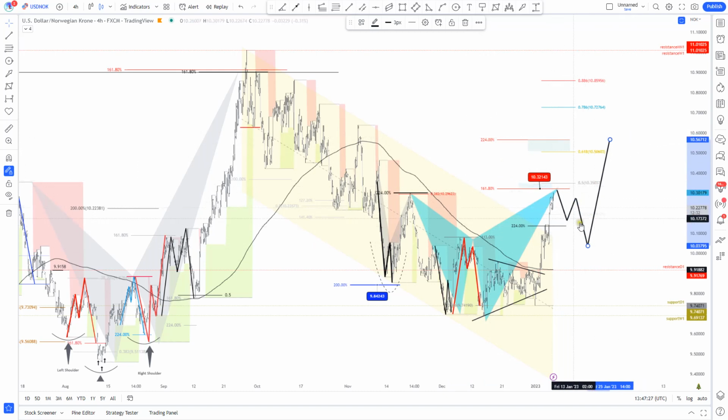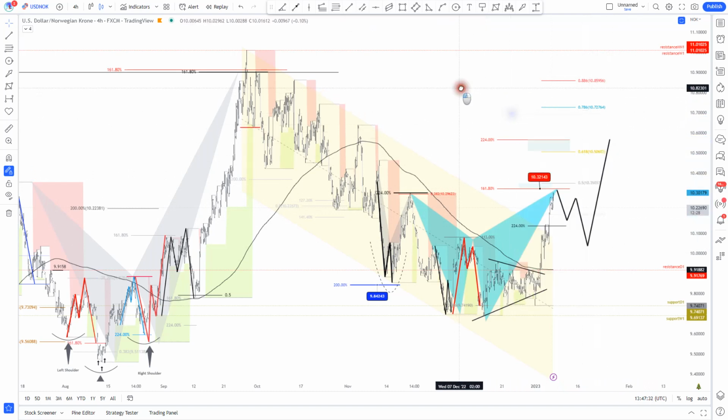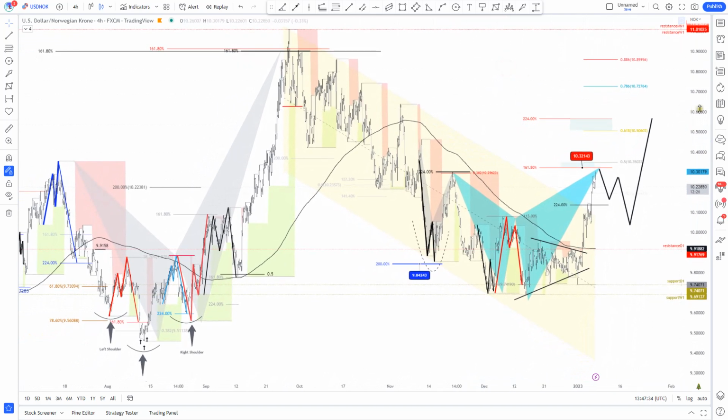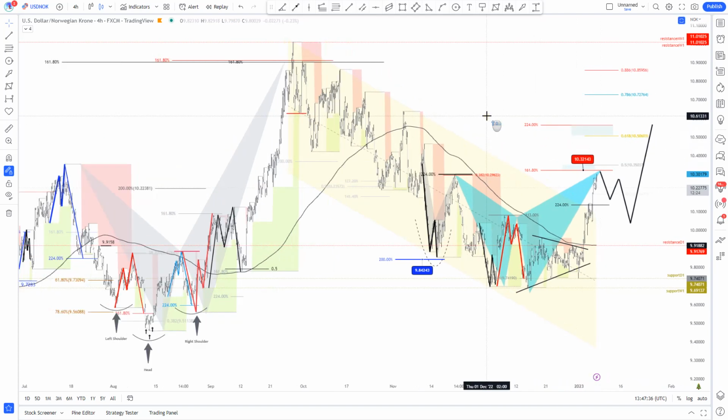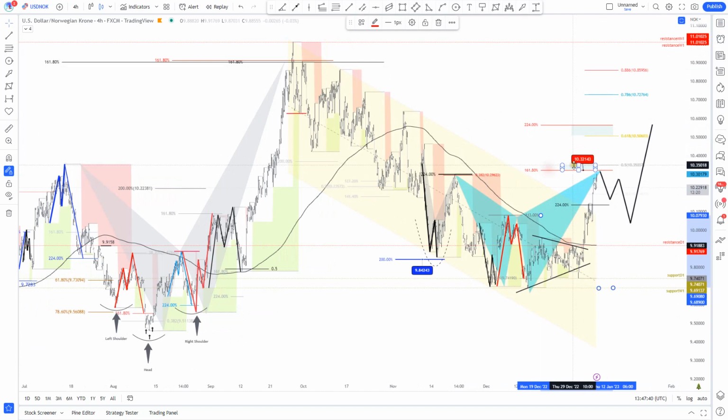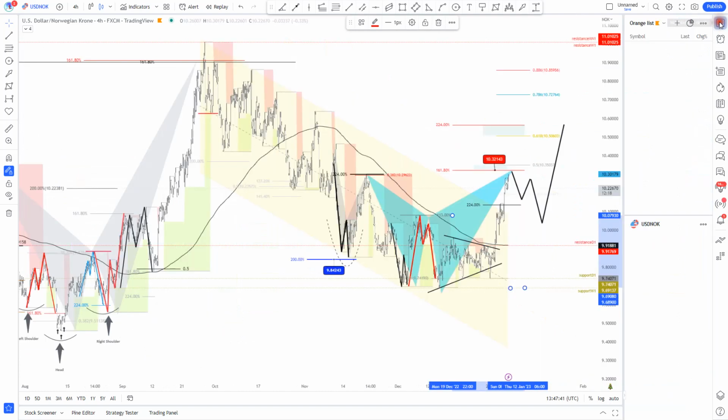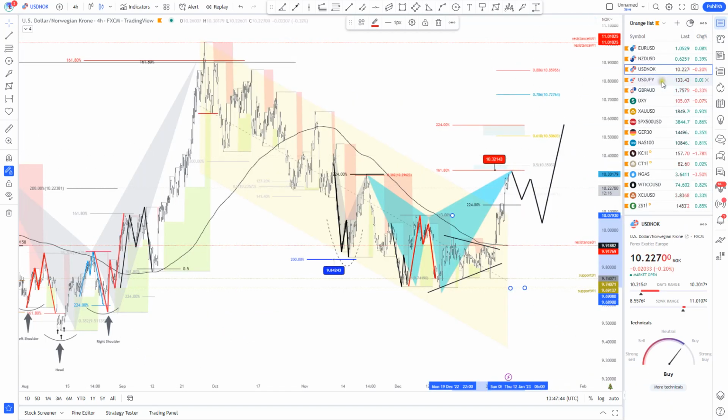As I was saying, sometimes it's hard for me to explain my ideas. So Norwegian krone: 10.32 bearish shark pattern on hold.